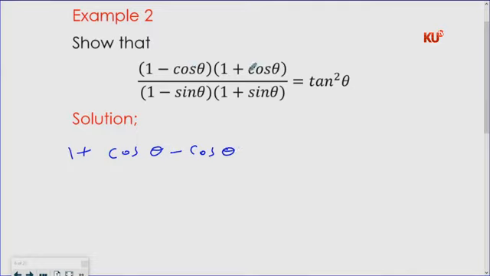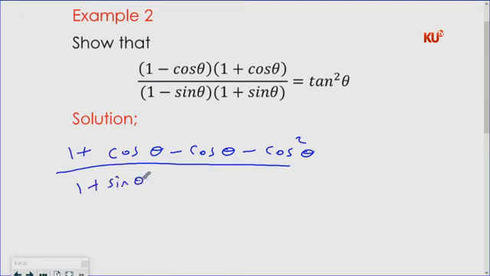Negative cos theta times cos theta, you'll get negative cos squared theta over, so the same way we have worked the numerator, we shall also apply the same concept for the denominator. 1 times 1, you get 1. 1 times sine theta, you get positive sine theta. Negative sine theta times 1, you get negative sine theta.